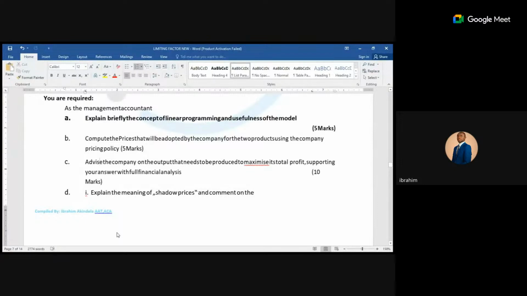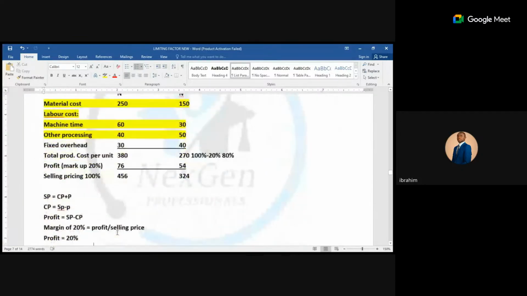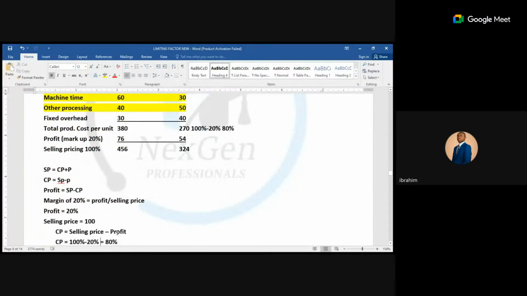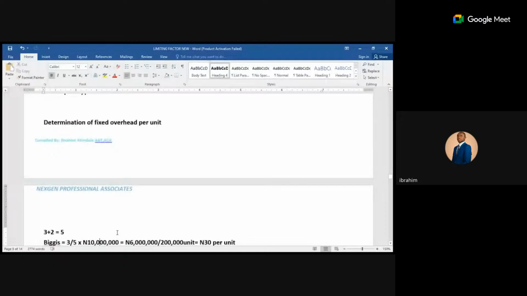This is 5 marks. Now, advise the company on the output that needs to be produced to maximize its total profits, supporting your answer with full financial analysis. For you to determine the output, you have to determine contribution.